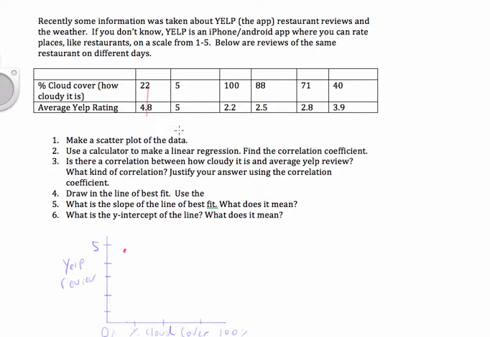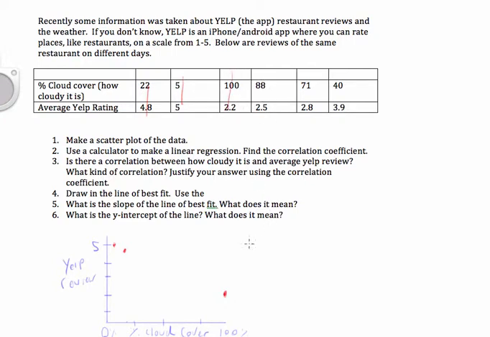At 5%, which is about here, it doesn't have to be perfect, the average rating was a 5, so I'm going to put that right here. At 100% cloud cover, which is here, the average rating was 2.2. That's about here.